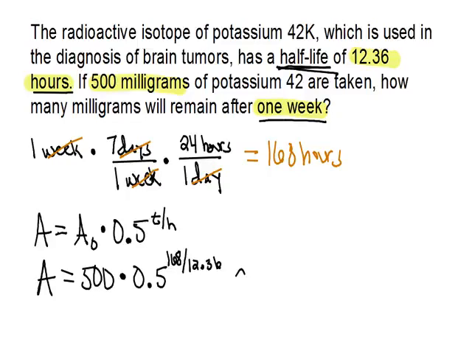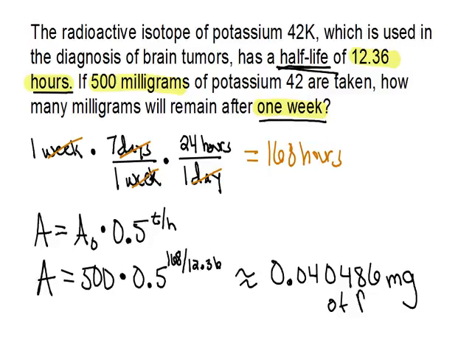Again, it's going to be so important to get friendly with your calculator here. 500 times 0.5 to the, okay, and then I've got around 0.040486 something, and that is milligrams of potassium.